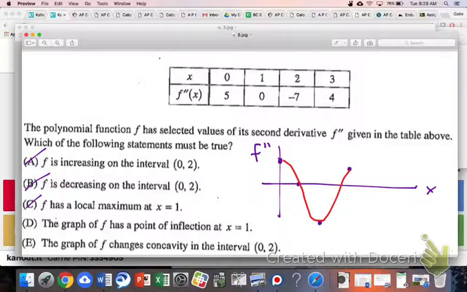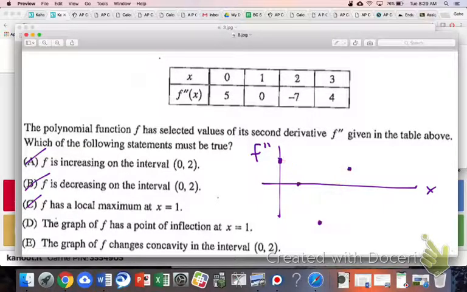You can't. Just because f double prime is 0 doesn't mean that f double prime changed signs at that 0. It could, right? Obviously, this would be one scenario where it could, but it says, which of the following must be true? The graph has an inflection point at x equals 1. That word must is really important because if you can find only one counterexample, that's false, right?